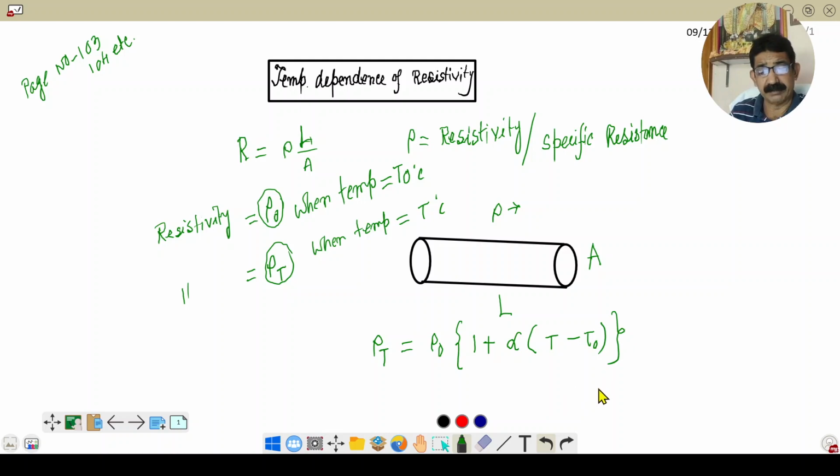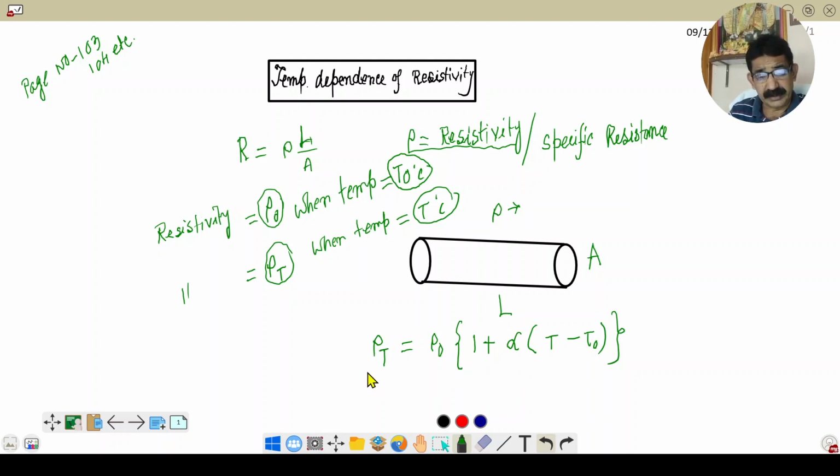So this is the relation between the resistivity at temperature T and at temperature T naught. If this is expressed in centigrade, then the value of alpha will be fixed. If this is expressed in Fahrenheit, then the value of alpha will be changed.